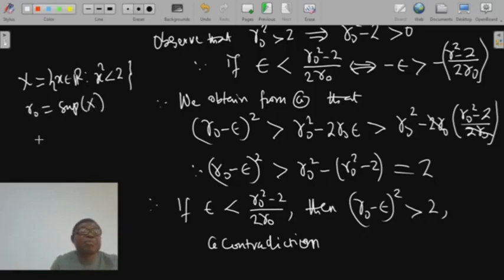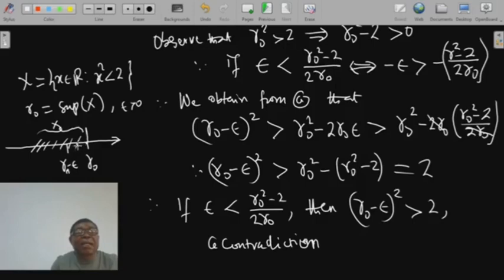Recall therefore that from our characterization of the supremum of a set, what this means is that once we are given epsilon bigger than 0, assuming that this portion represents the set x on the real line, then gamma naught is the supremum, here is the gamma naught somewhere here. Given epsilon bigger than 0, we now move backwards to gamma naught minus epsilon.